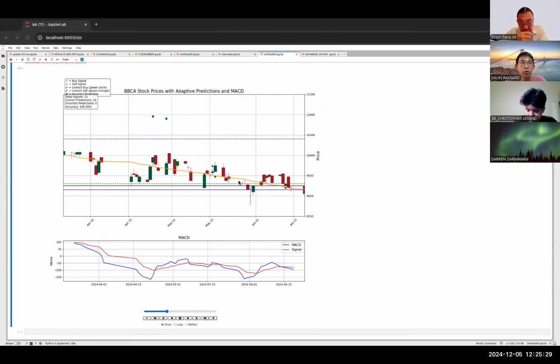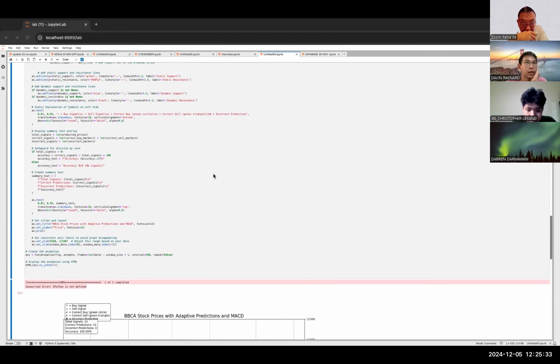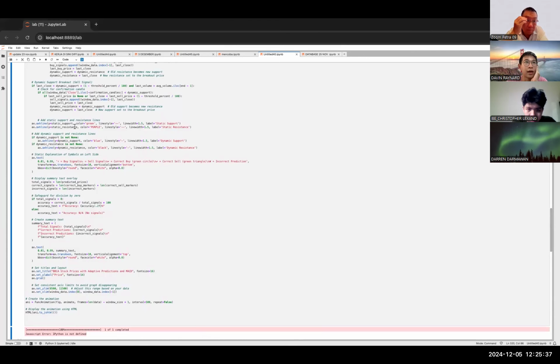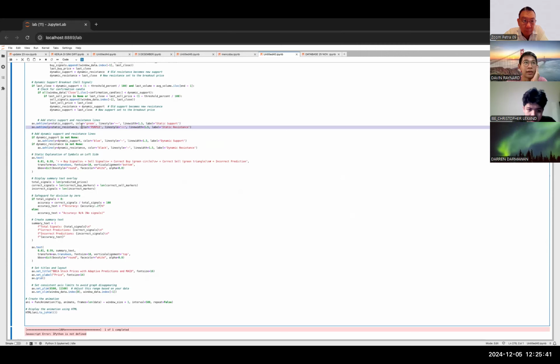There are two types of support and resistance. We make the static support green and the static resistance purple, and the dynamic ones are the blue and the black line.